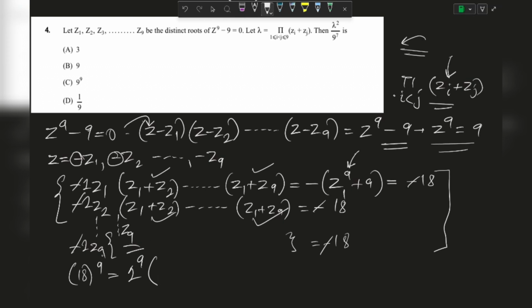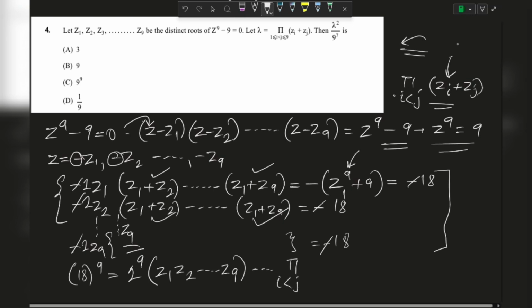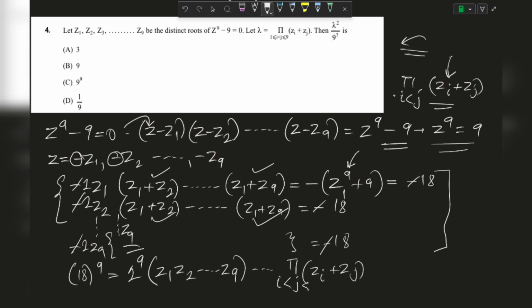Now we have the product Z1, Z2, Z3 up till Z9. And after this, we will have this particular quantity that we were referring to here: the product of (Zi plus Zj), where I should also put the limits here: 1 less than or equal to i less than j less than or equal to 9.